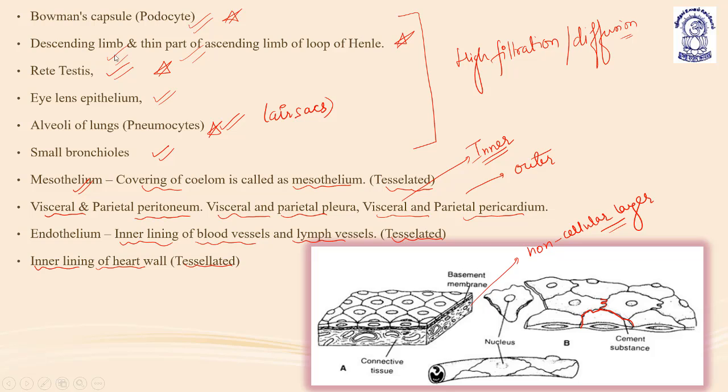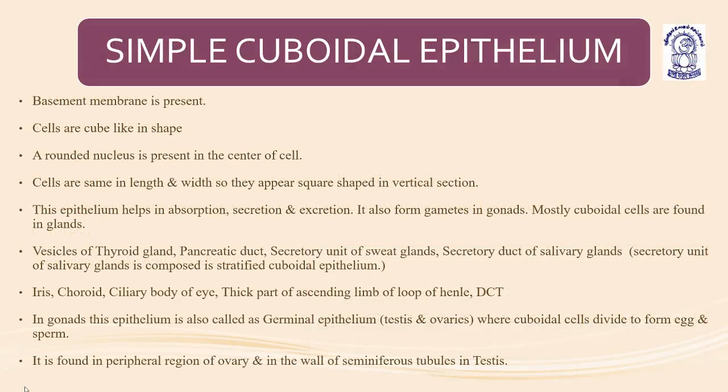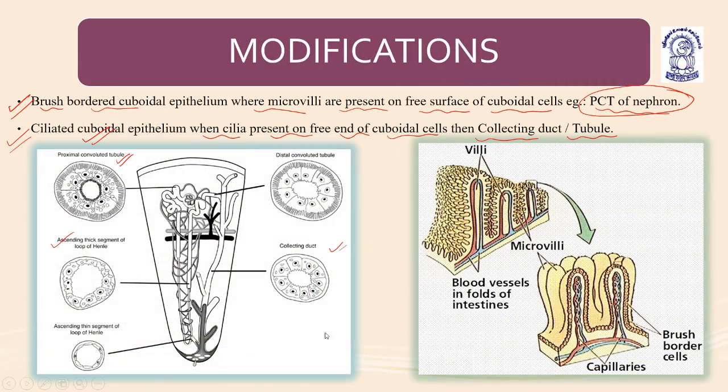Descending limb and thin part of ascending limb of loop of Henle are made of simple squamous epithelium. Descending limb, this one, and the thin part of the ascending limb are made up of squamous epithelium. The thick part of the ascending limb is made up of cuboidal epithelium.